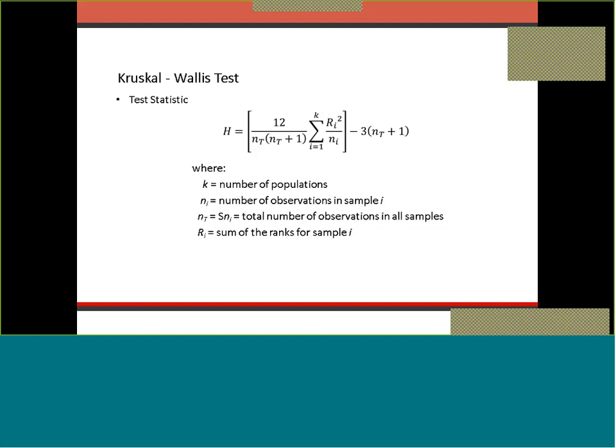NT means the total number of observations in all samples. And Ri is the sum of the ranks for the ith sample. Okay, so these are the four things we need to discuss. So shall I move further? Yeah.